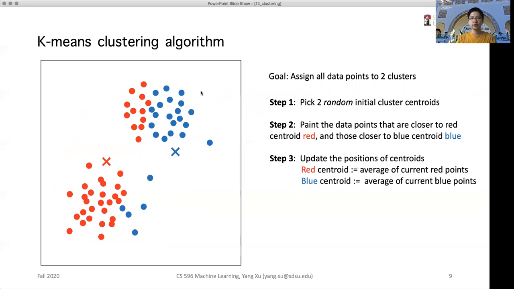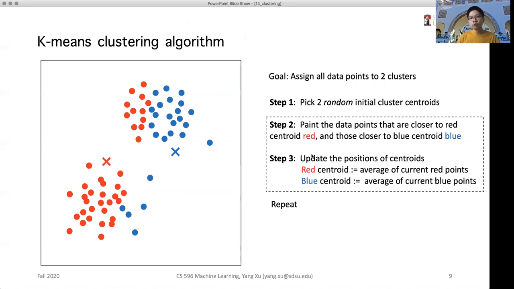After the updates, the centroid will move to a new position because the majority of the blue data points is up here. So we will probably see that the new blue centroid moves upwards and the new red centroid moves downwards. Okay, so that is one cycle, one iteration done.